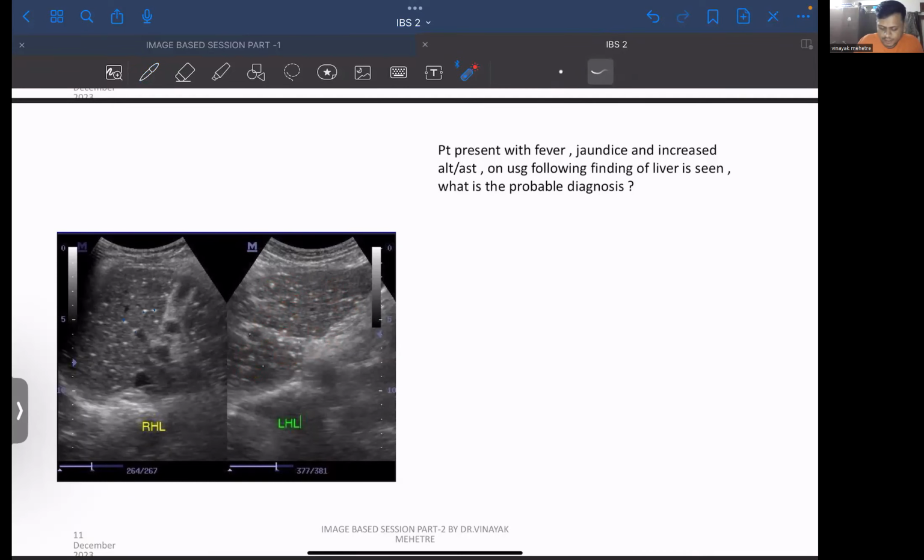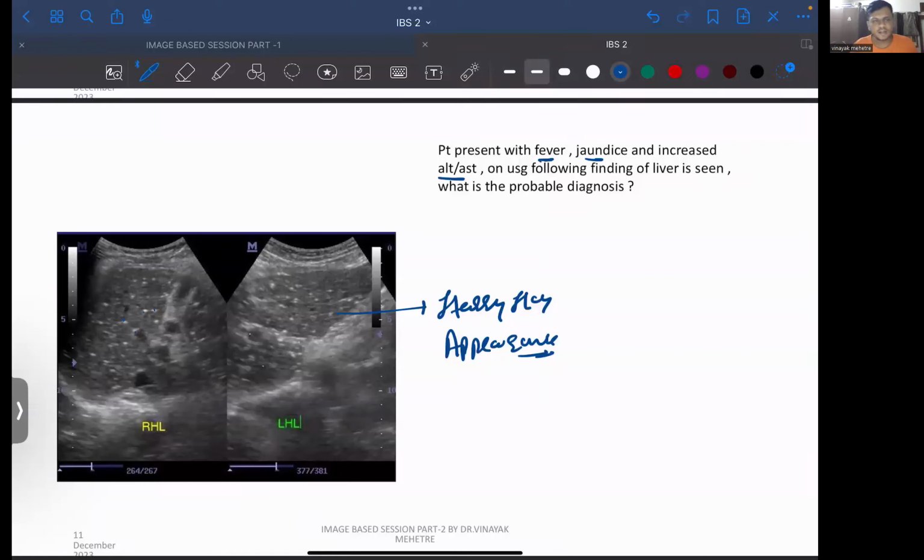It is called starry sky appearance of liver. कहाँ मिलता है? अरे सिंपल है यार, जॉन्डिस है, ALT, AST है, फीवर है. Answer is acute hepatitis. We will see starry sky appearance of liver in acute hepatitis.